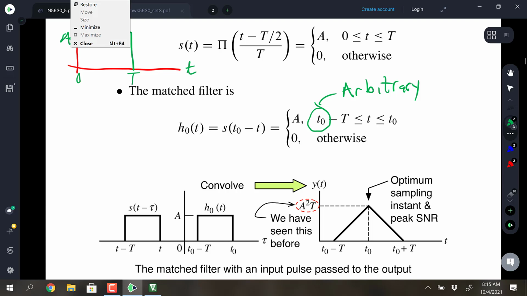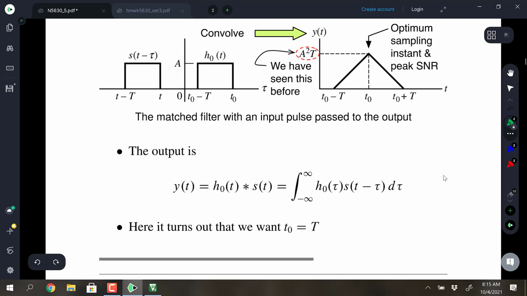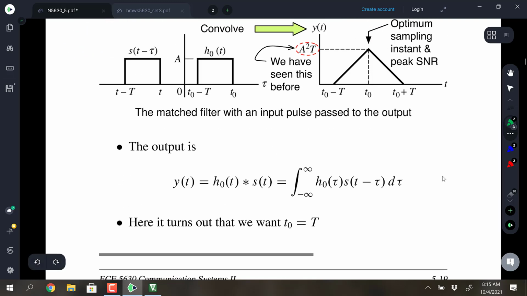And in this case, we would set T naught equal to capital T, so that indeed we can sample at capital T. And in reality, this is very much like the integrate-and-dump receiver that we were looking at in the very beginning, because we're just integrating a rectangular pulse, and that's what's going on right in here.